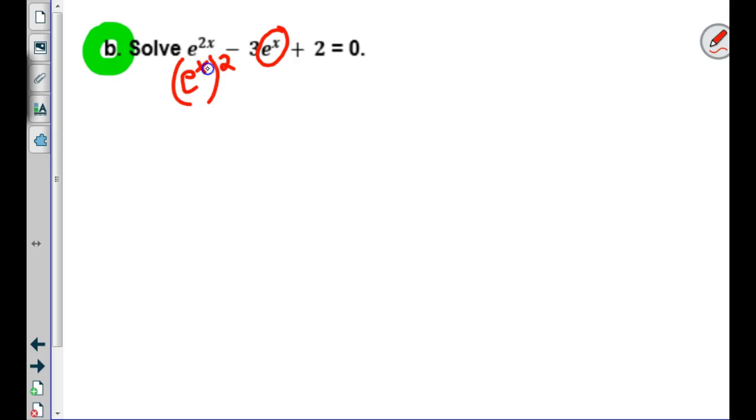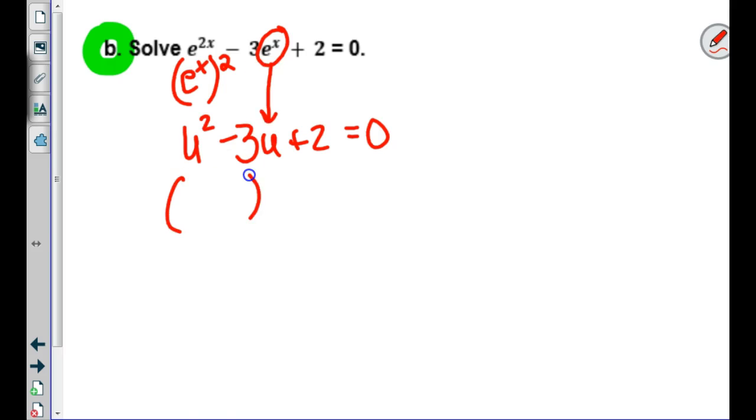Does everybody agree that you would multiply 2 times x there and that's equivalent? Okay, so in the book they would teach this. You can call this u squared minus 3u plus 2 equals 0. So we took e to the x out and called it u.